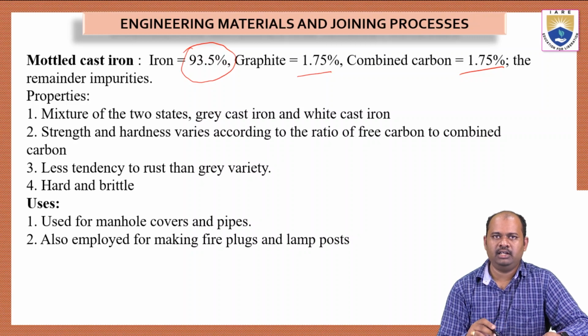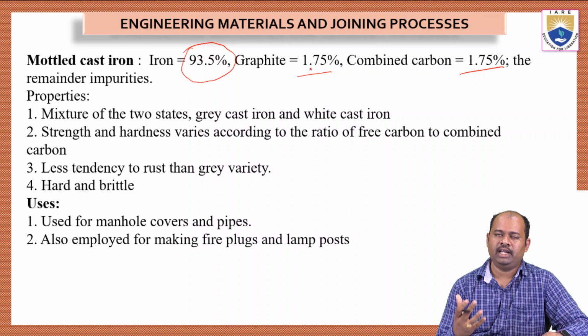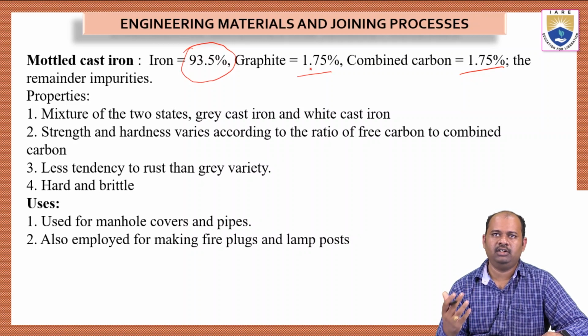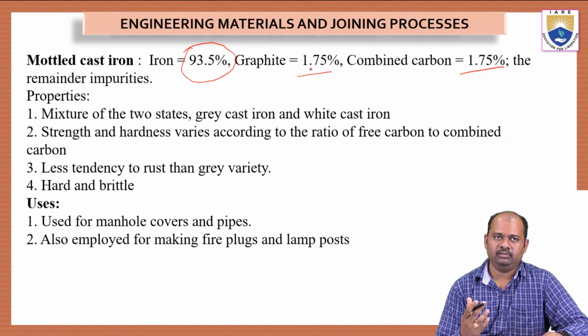Strength and hardness vary according to the ratio of free carbon to combined carbon. So here we have two forms of carbon present in this mottled cast iron: one is the graphite form and the second is the combined carbon form. Depending on the combined carbon percentage, the properties will vary.